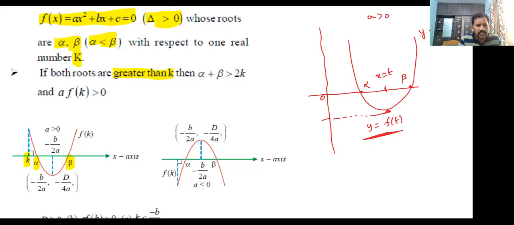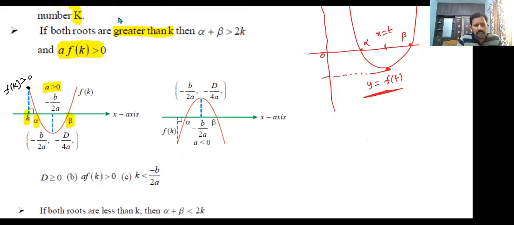See the first condition, a greater than 0. That means the curve is looking upward. So here see the k, and what is the f of k value here? F of k is greater than 0 because this is a point above the x-axis. A greater than 0, f of k greater than 0, then we get a into f of k greater than 0.